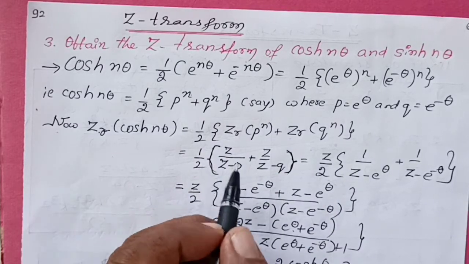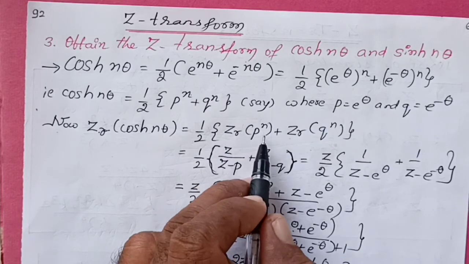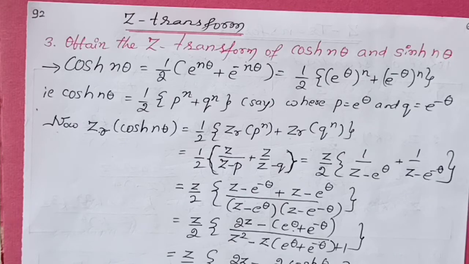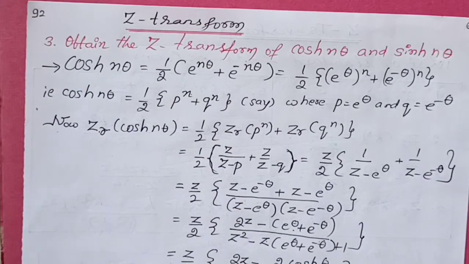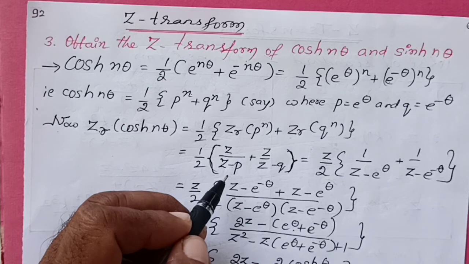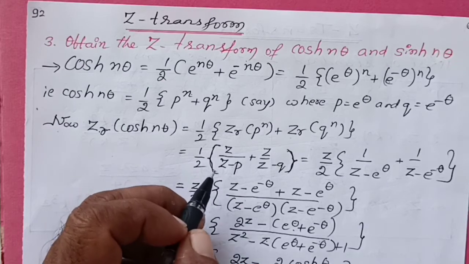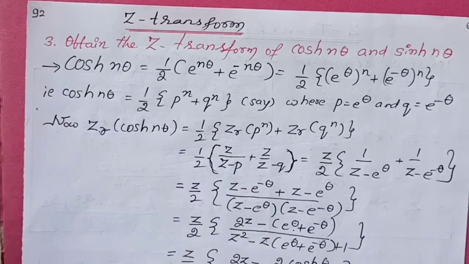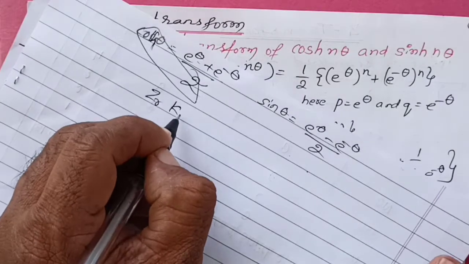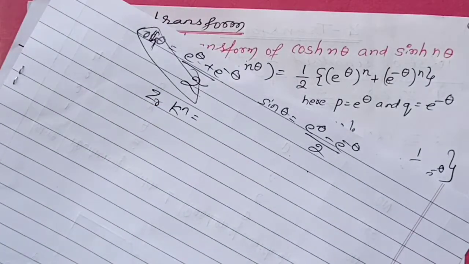So it is equal to half. Z transform of p raised to n, in applications we had seen, just in the last session, the Z transform of k raised to n is nothing but Z upon Z minus k, correct?